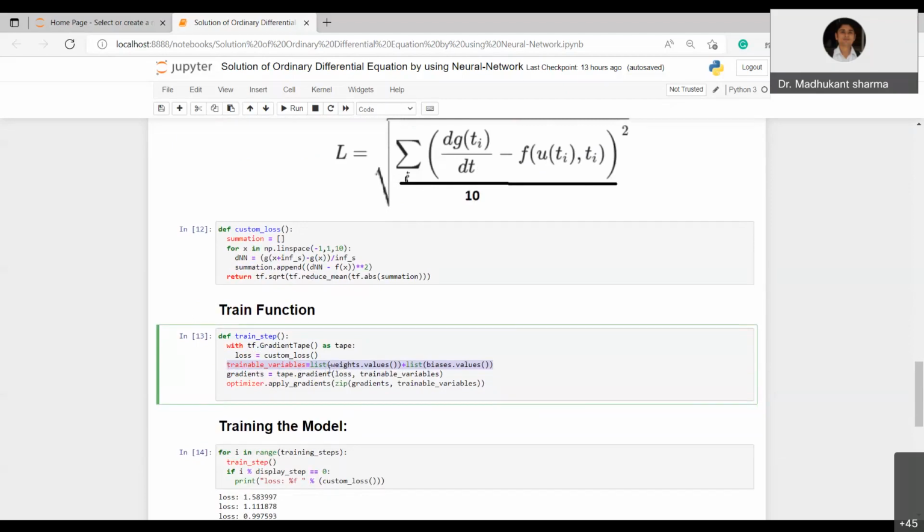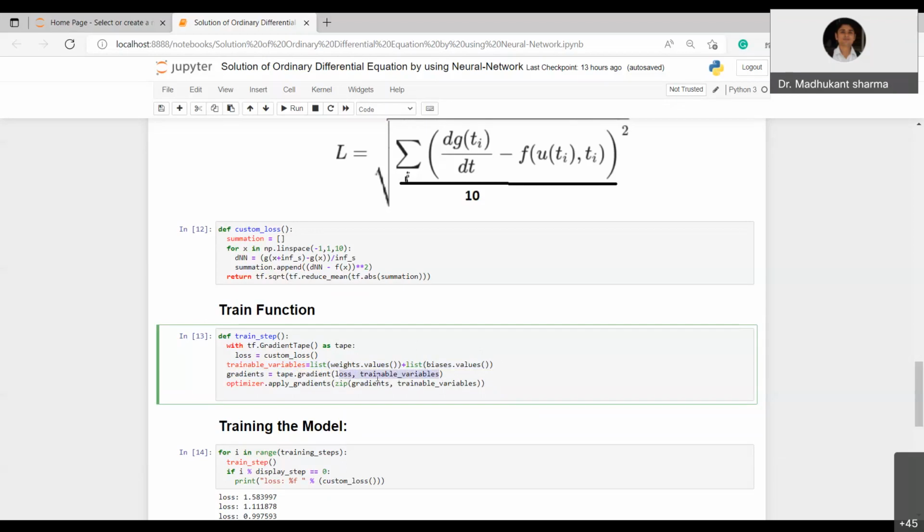By using trainable variables, we are collecting all the trainable variables: a list of weight values plus a list of bias values. So this gives us all the trainable variables, weights and biases. Now defining the gradient here: the gradient of the loss function with respect to all the trainable variables.